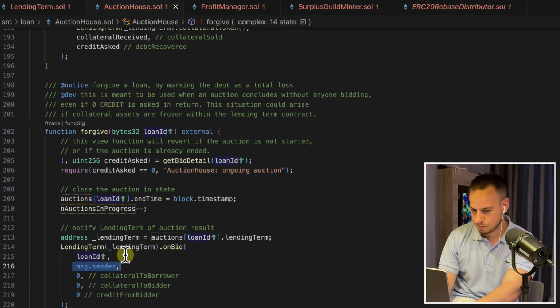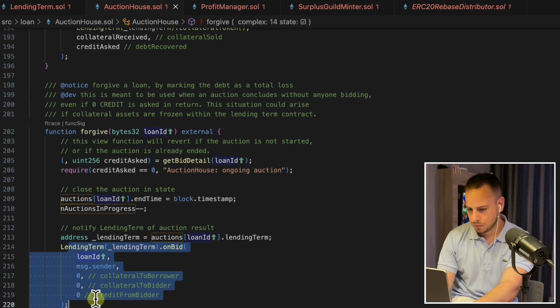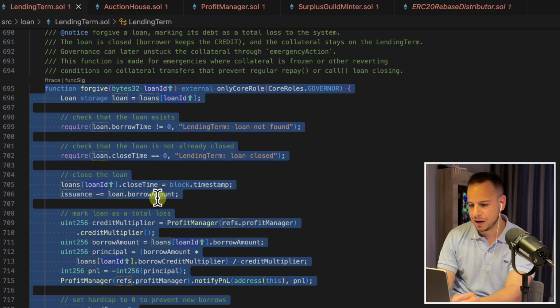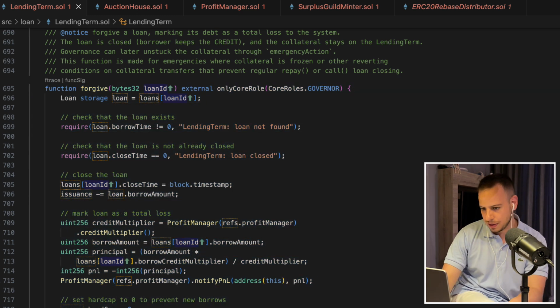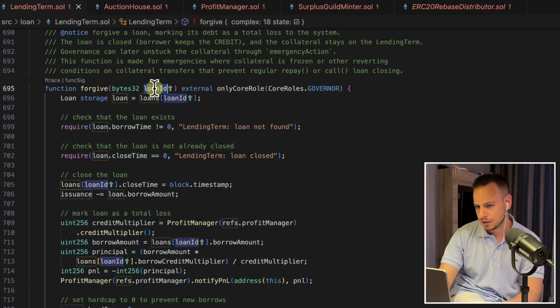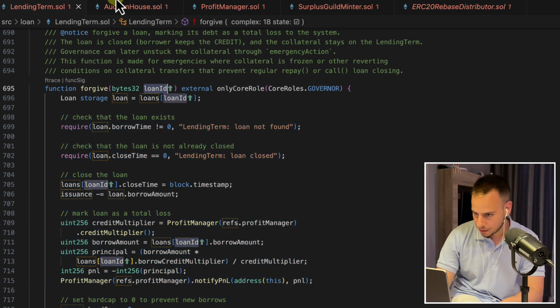I don't know if it's here. I have a POC for this one also. So, okay, governor calls the forgive function in the lending term, and what does it do? For a loan that is actually in the auction house right now, what will be the result?